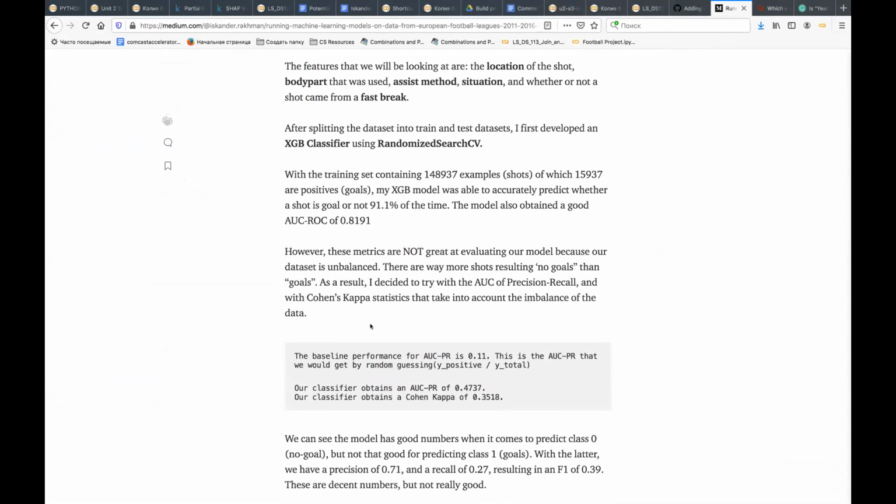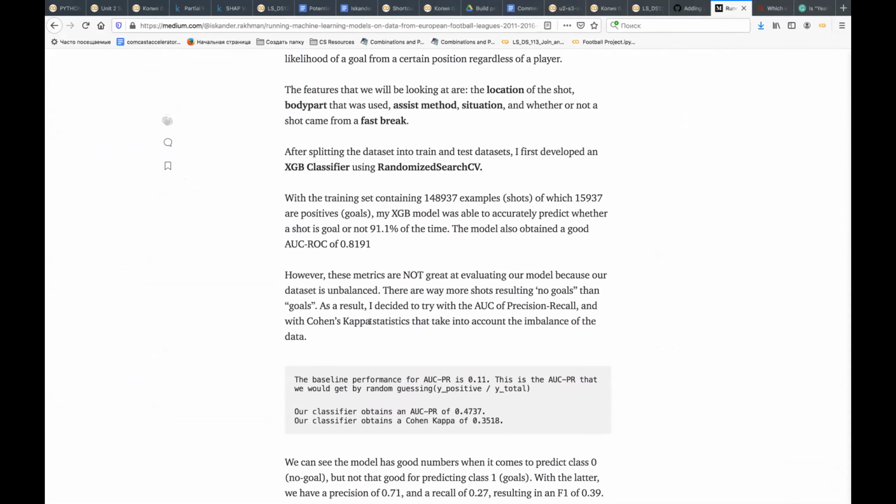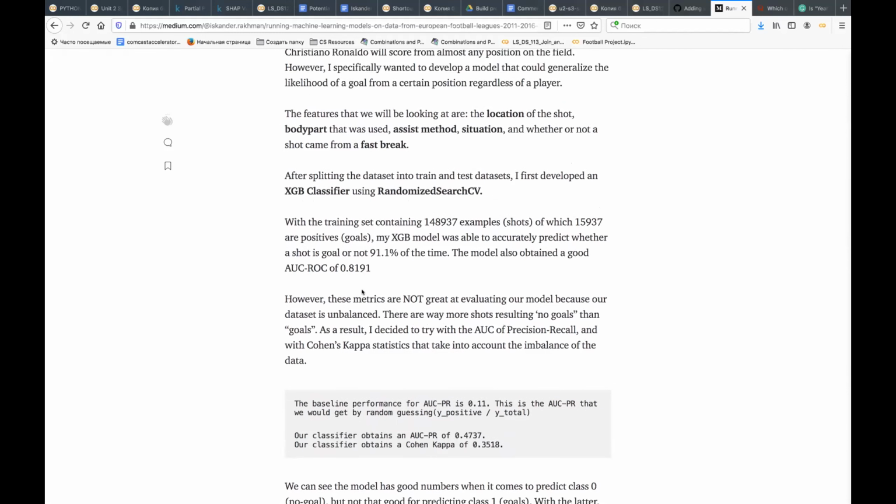So I used that experience to find a data set that would describe the variety of events that happen in European soccer leagues, to an extent where I could predict whether a shot from a certain location, based on a certain predicate event, whether it's a pass or a fast break, would result in a goal.